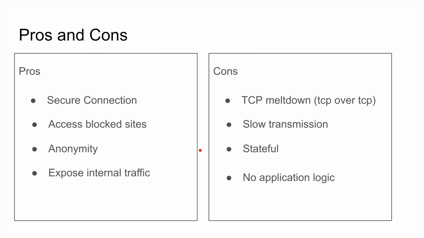No application logic. That's where HTTP tunneling is actually beneficial. Essentially, when you look at the TCP packet, you don't have any context of the data about the application. You know the port, but that's not enough. You can make a decision based on the port, but the port is not enough to tell you context about the application. Let's say we talked about the GET request, right, guys? If you make a GET request, how do I know which URL you're going to? You don't. You cannot know that.